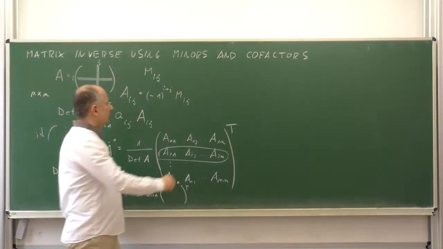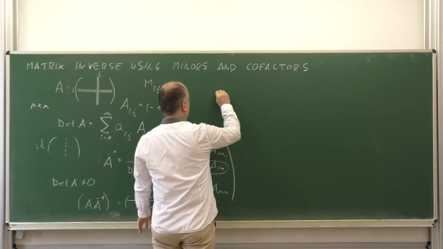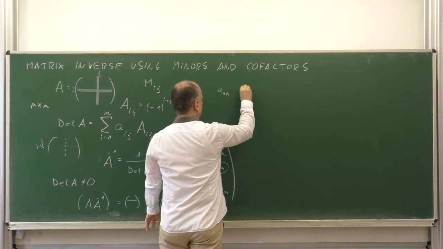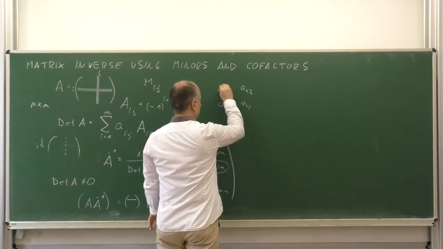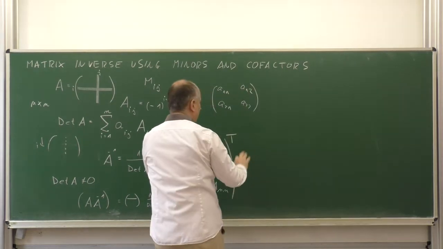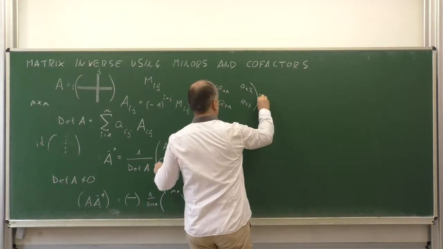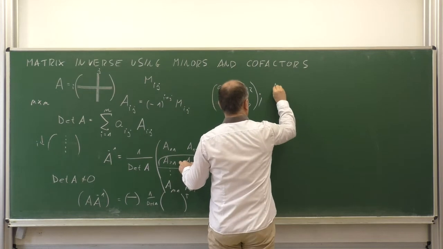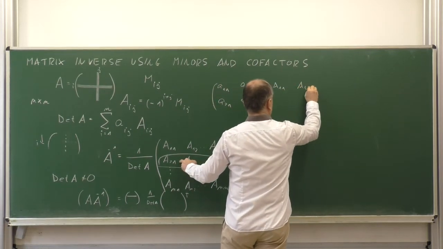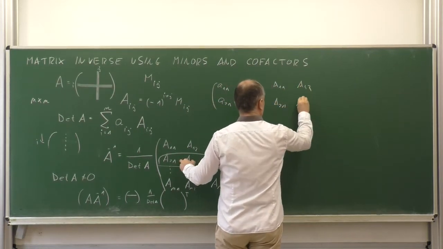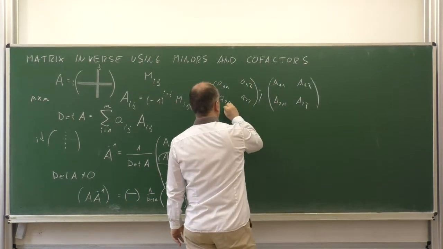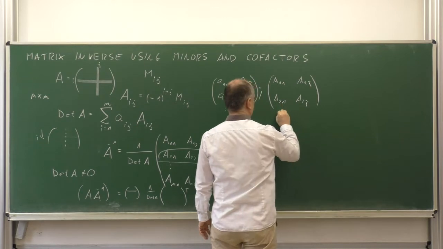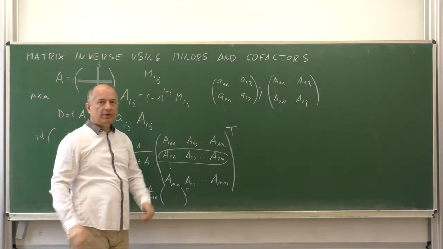So if we write just the matrix A, and just to the right, not multiplication, just this matrix, or possibly larger. The size of the matrix is not important.